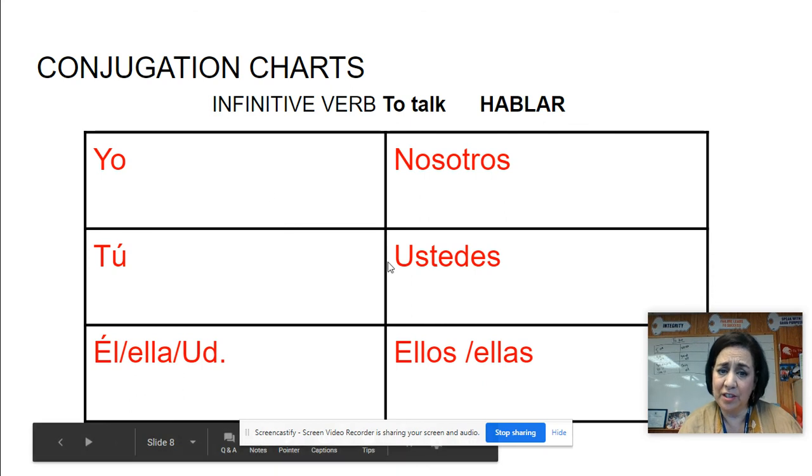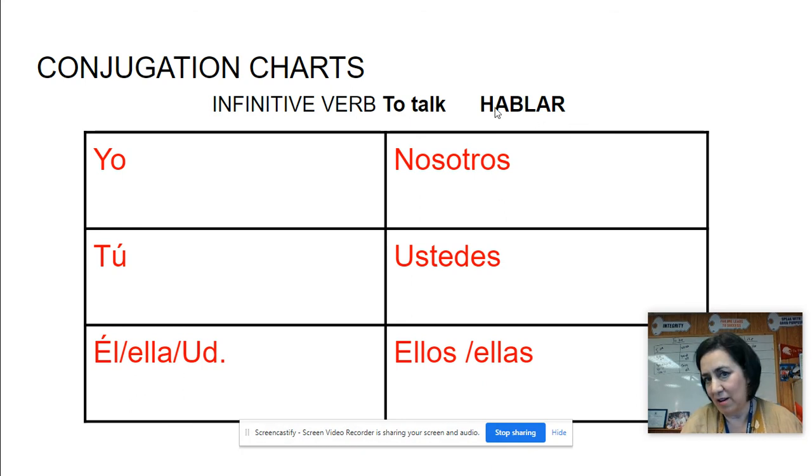So we're going to fill these charts with the words that we need to conjugate the verb, whatever verb we're talking about. And that's what we're going to do next. And you're going to have a little manual where you can see those. But first, we're going to learn how to fill the chart. And then once you have the chart, you can use it to say things that you want. Okay? So let's get to work.